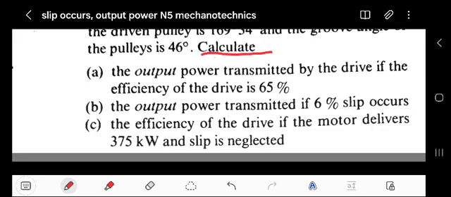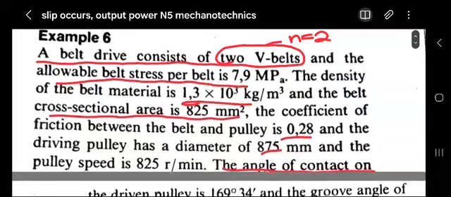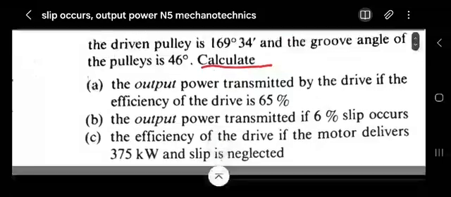So A, we've been given A, but it will be nice for us to grab some data there. Let's check the data given.